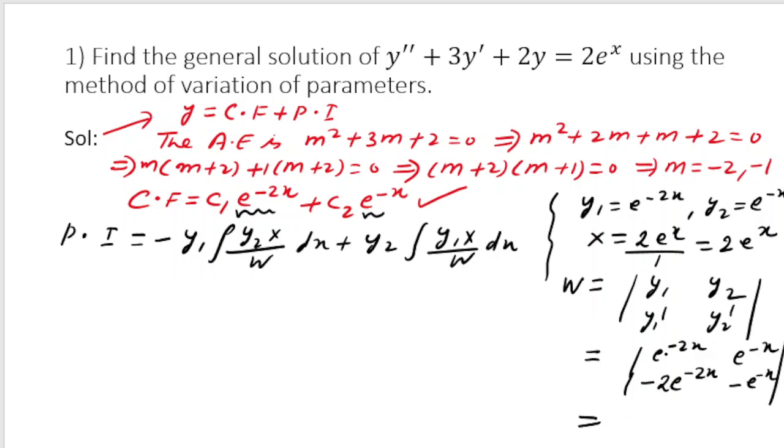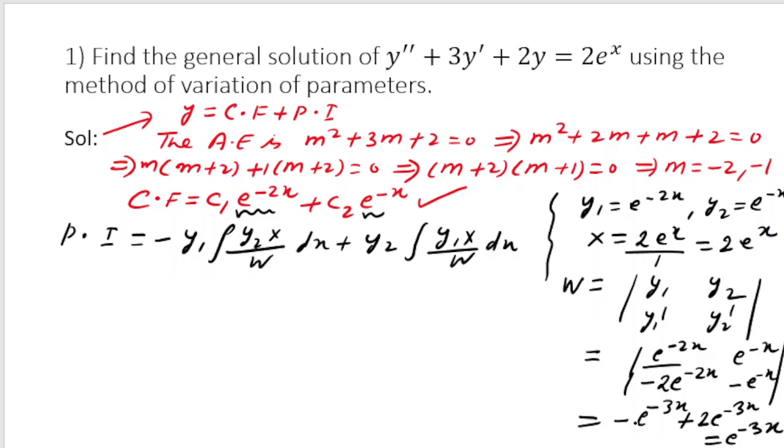If you simplify, I will get minus e to the power minus 3x, as the powers are added: minus 2x minus x is minus 3x. And this will be multiplied, so this minus and this minus will become plus, so I will get 2 e to the power minus 3x. So the Wronskian I get is e to the power minus 3x, right?